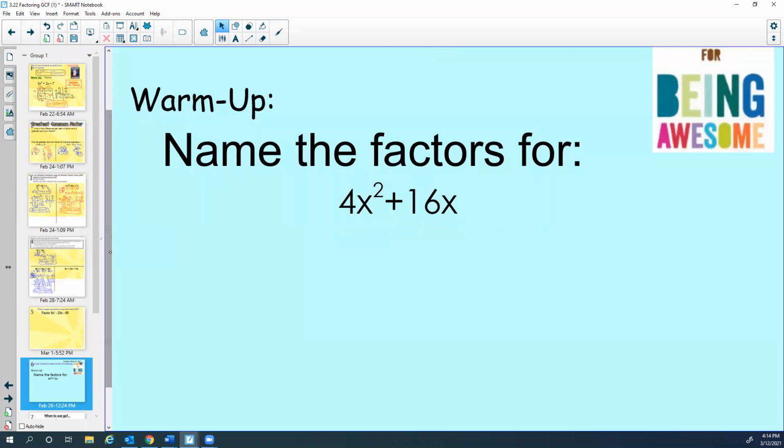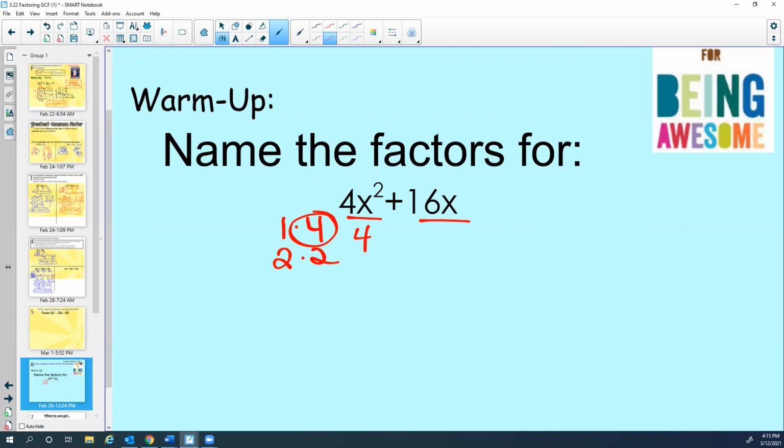So what we learned yesterday was to check to see if there's a greatest common factor between the two terms that you have. Well, I have the number 4 here. 1 times 4 and 2 times 2 are the factors. For 16, 4 is one of the factors, meaning 4 is the greatest common factor constant-wise.